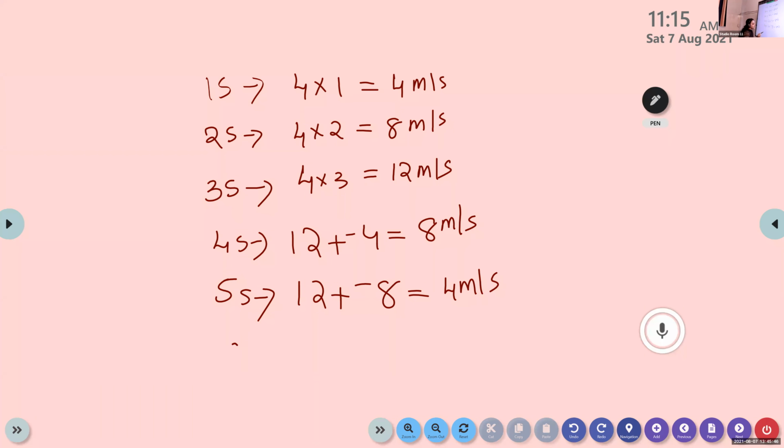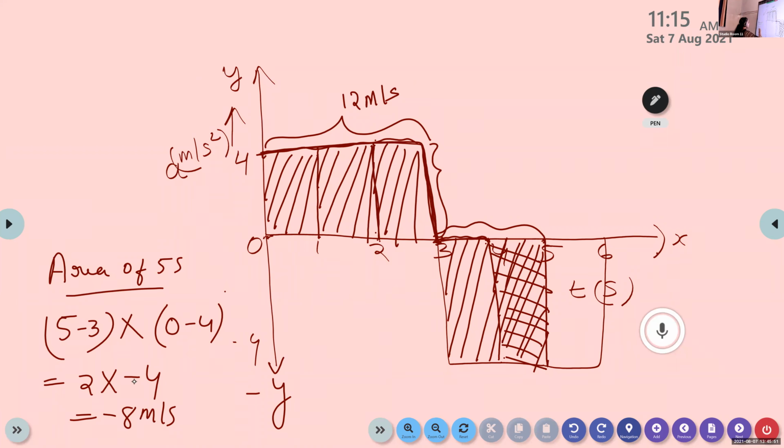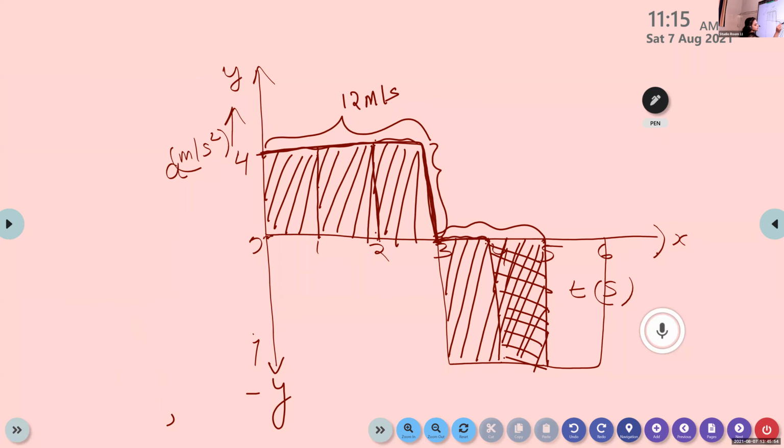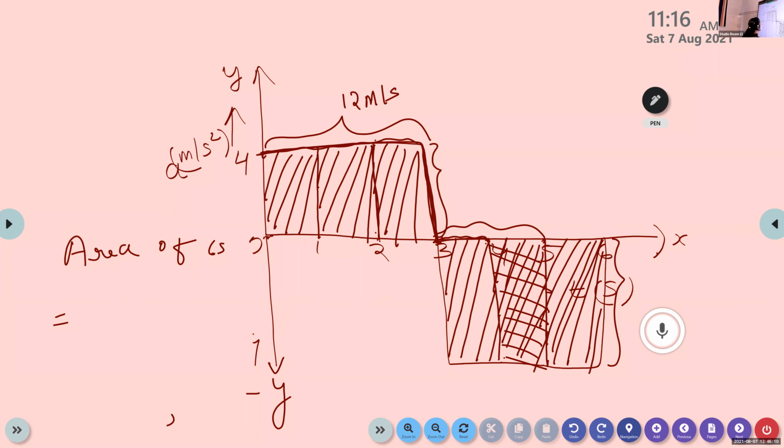Now the last one, the area corresponding to 6 seconds. Here we are going to find out the area of that small portion at 6 seconds, which is equal to the length, from 0 minus 4, here we have minus 4, into breadth, from 6 minus 3.